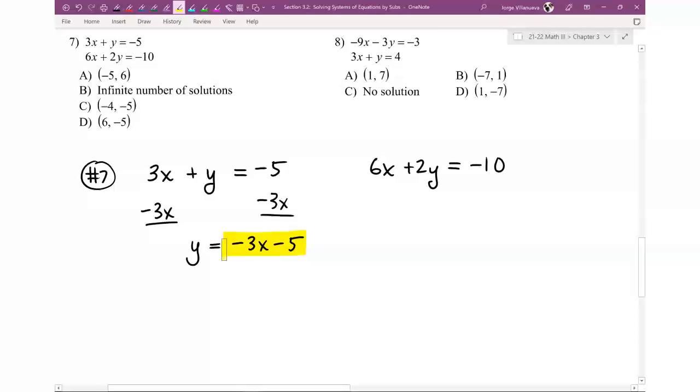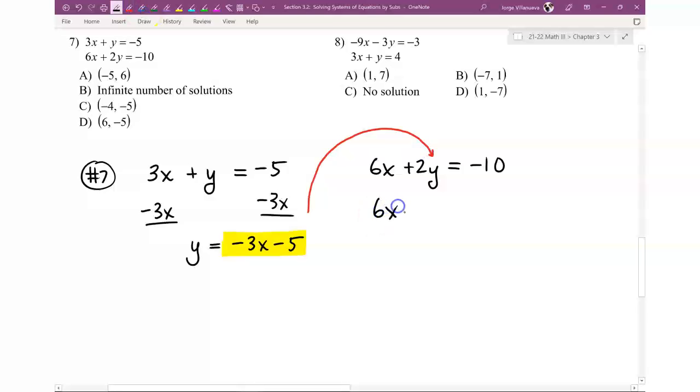Now that I know what y is, I get to plug it in to there. Notice how we didn't start by going left to right like we did in the other ones, right? We couldn't because we didn't know what to plug in yet. We figured out what to plug in, and now we're moving it over to the right side. So let's plug it in.